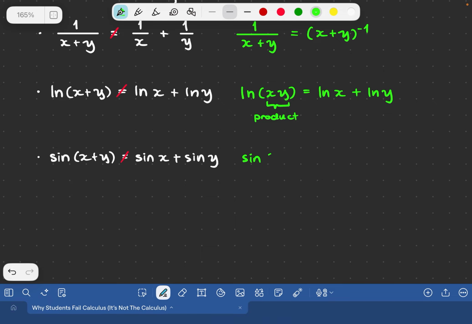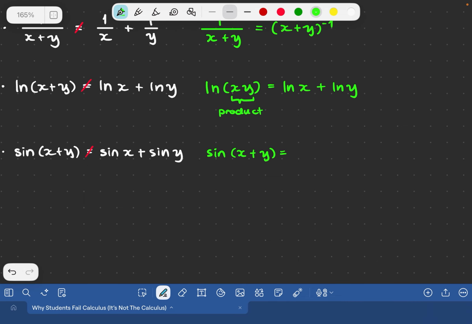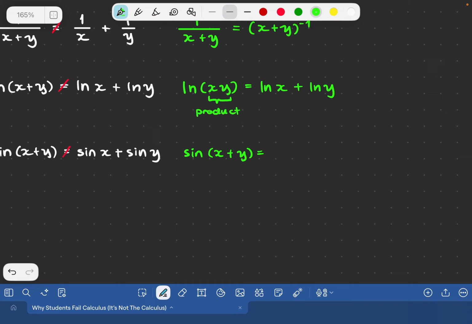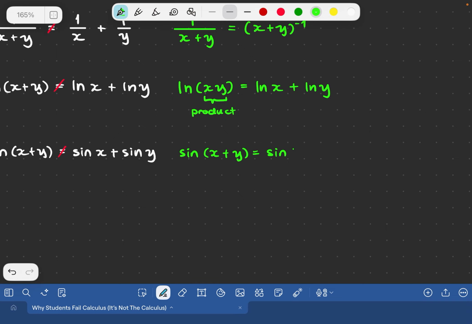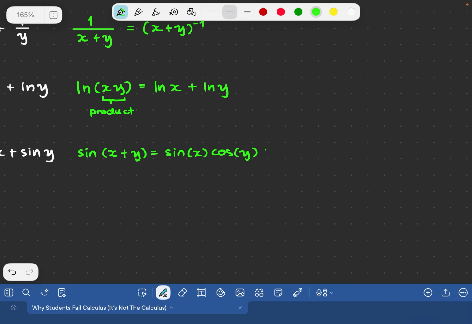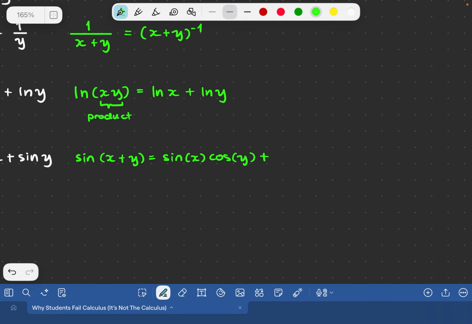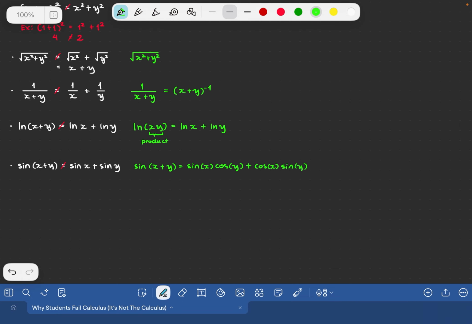So we'll have sine of x plus y, by the trigonometric identity for a sum inside the sine, you'll get sine x cos y plus cos x sine y. I hope I got this correctly. Sine cos, sine cos. Yeah, I think this one is correct.